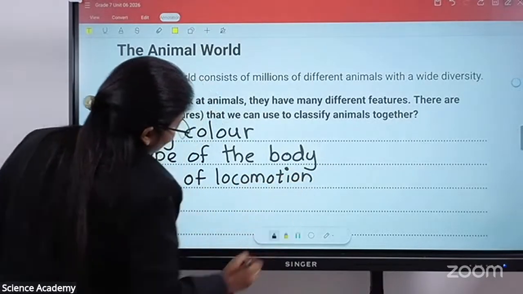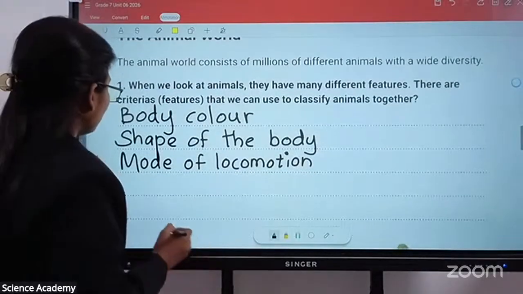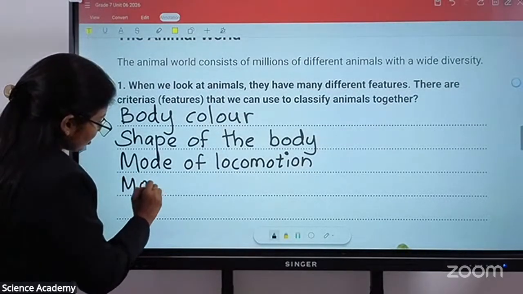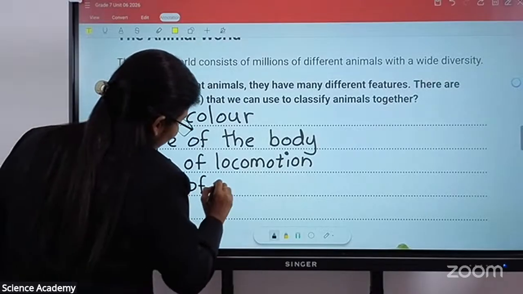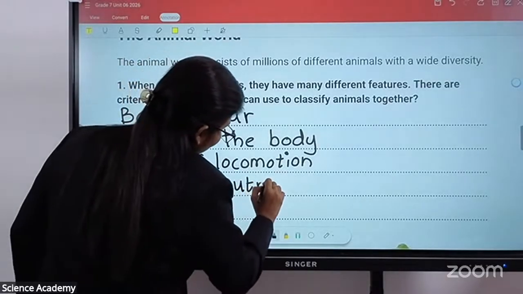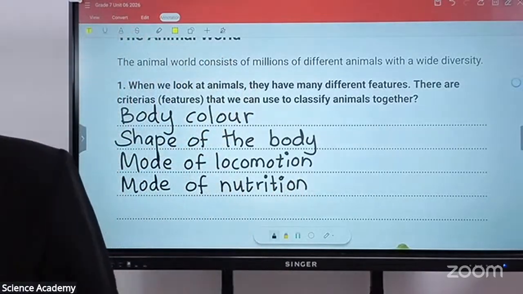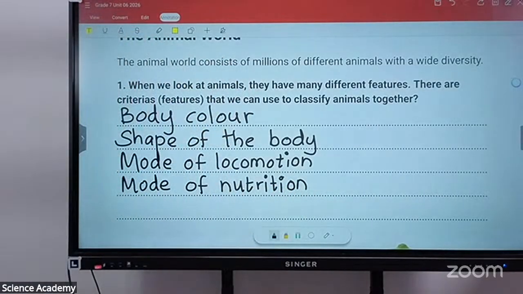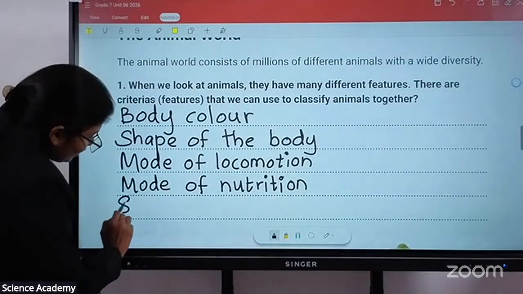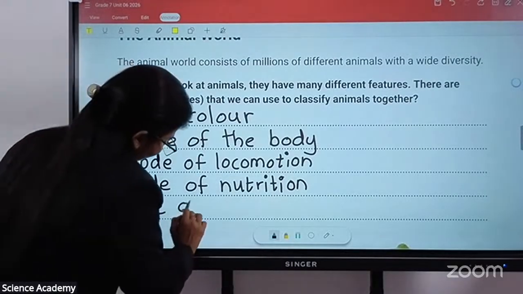So what is the other one? Mode of nutrition, what they eat. And then size of the body.